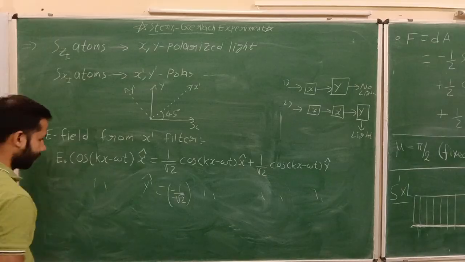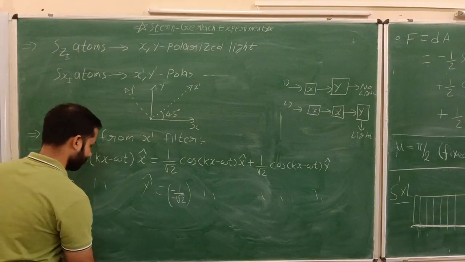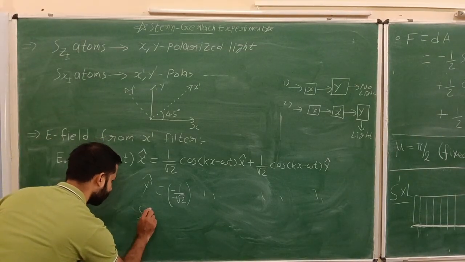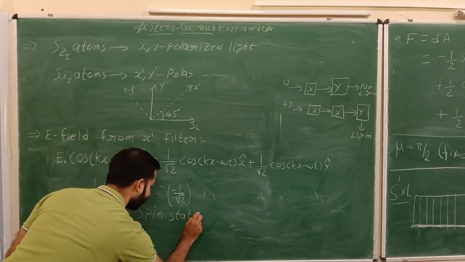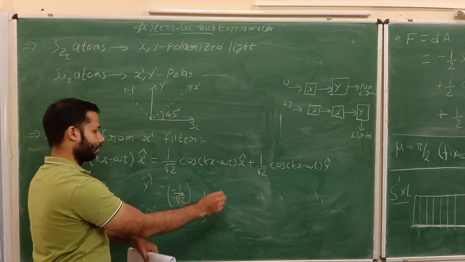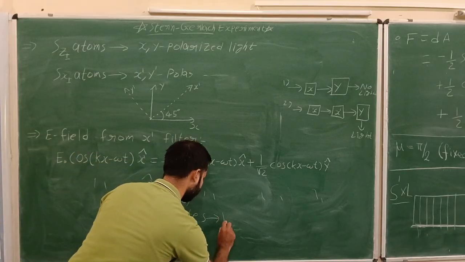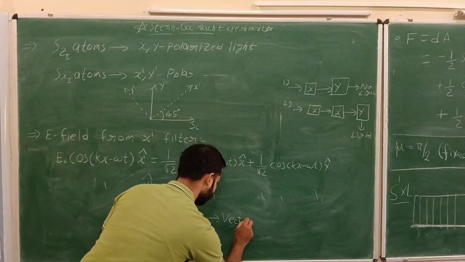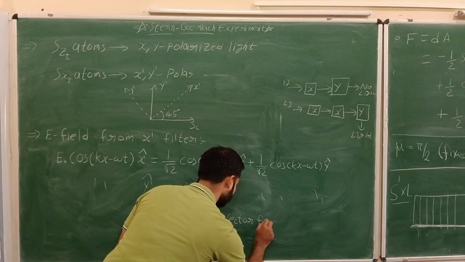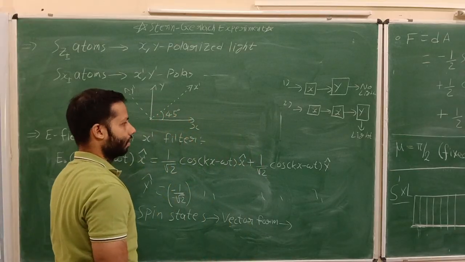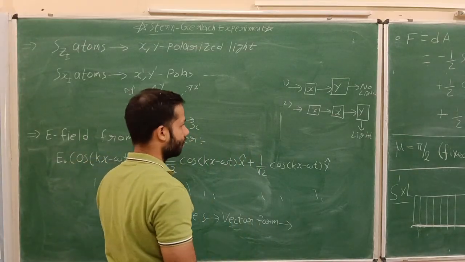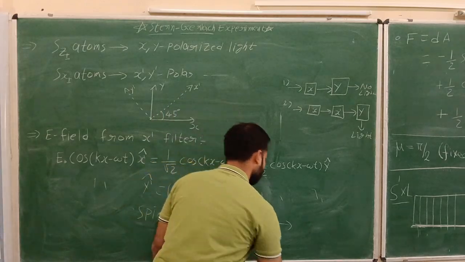So all of this suggests that we can write the spin states in some kind of vector, but it will mostly not be in real space.